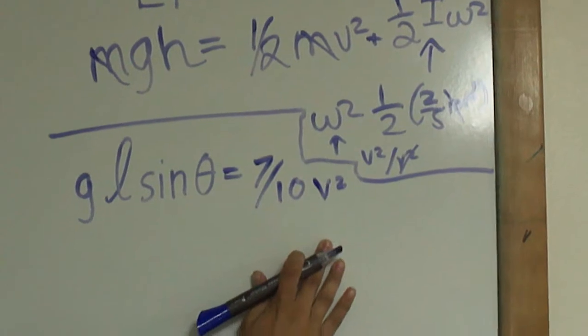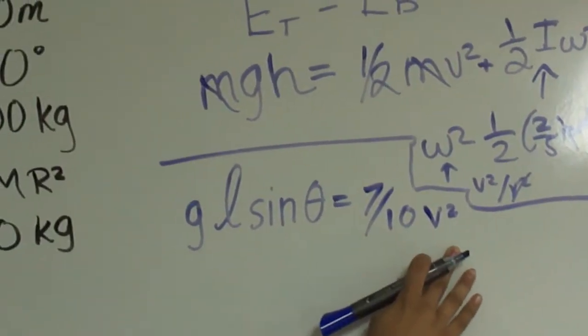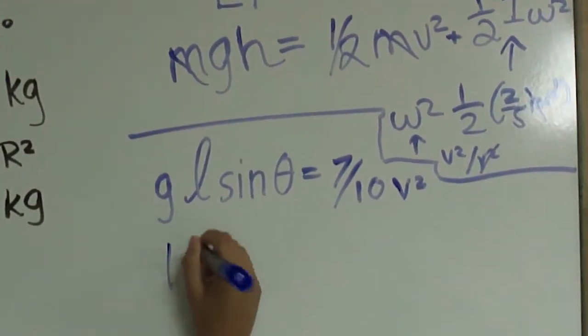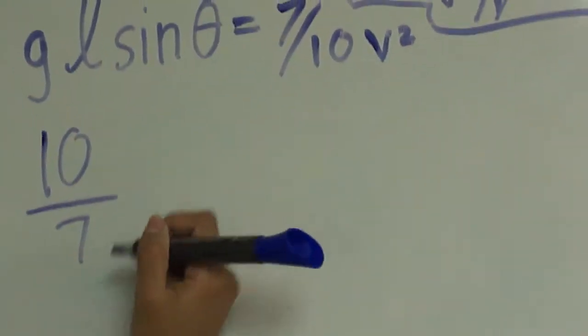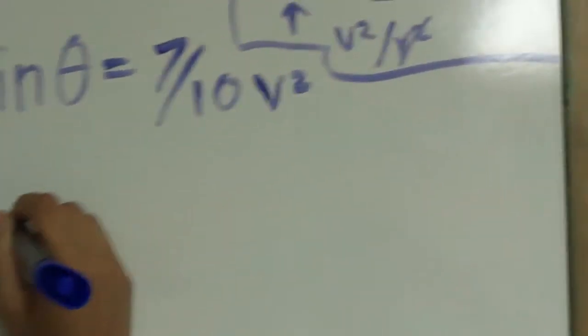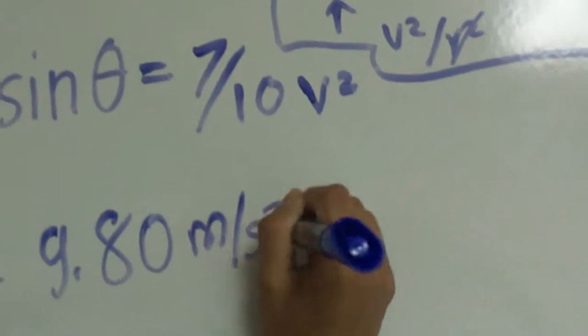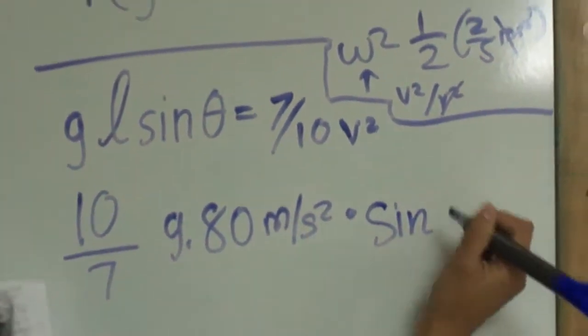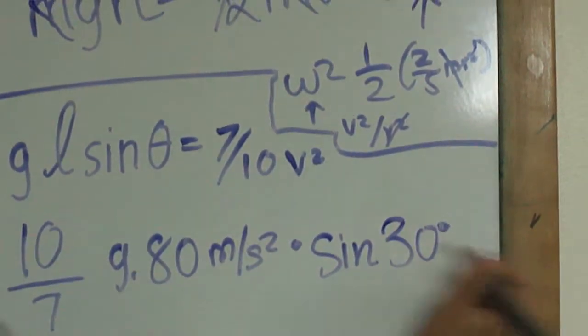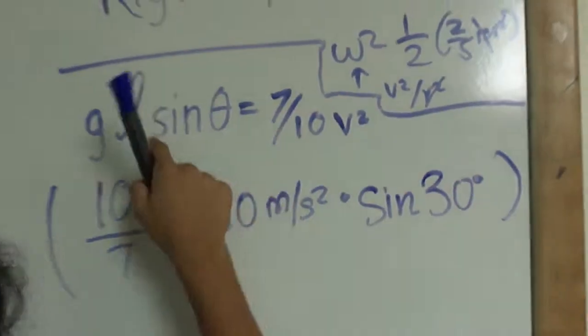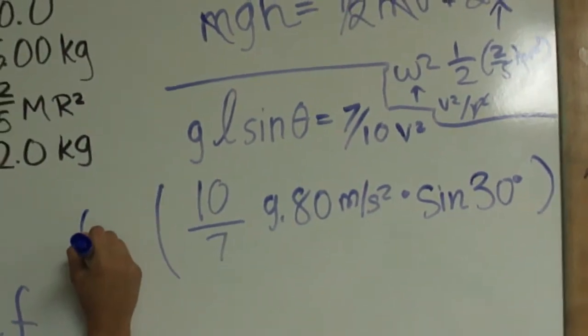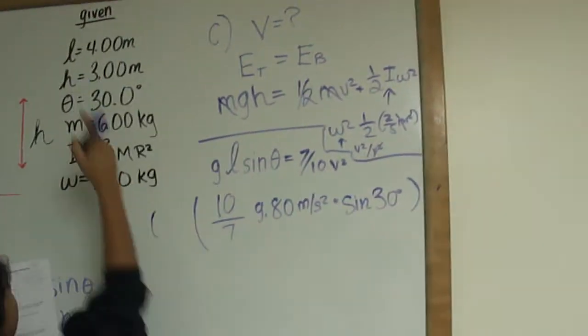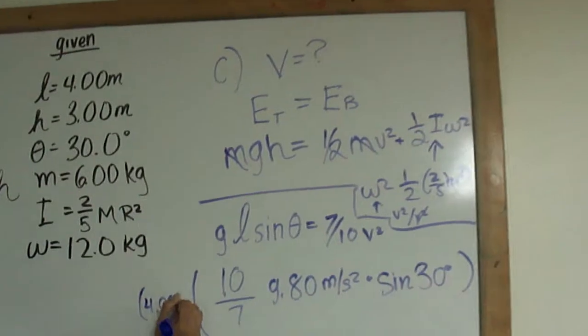Alright, so we have this. We're looking for velocity. Now it's just simple math. We get 10/7 times 9.80 meters per second squared times the sine of 30 degrees multiplied by L, which is 4.00 meters.